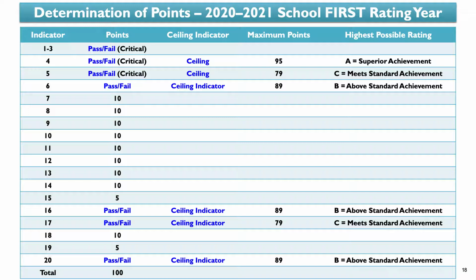The critical comes first because that's the first test, then the ceiling. 5 is a critical and ceiling. 6 is a ceiling only, and remember, ceiling indicators do not have points associated with them. 7 through 15 are point driven. Again, 16 and 17 are ceiling. 18 and 19 are point driven. So it's a total of 100 points.